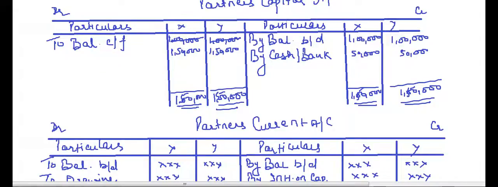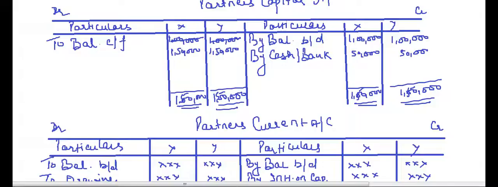So the fixed capitals can change only in case additional capital is introduced into the business. There's one more point. Here they are introducing the additional capital. There can be a case when they are withdrawing the capital. See, there is a difference.